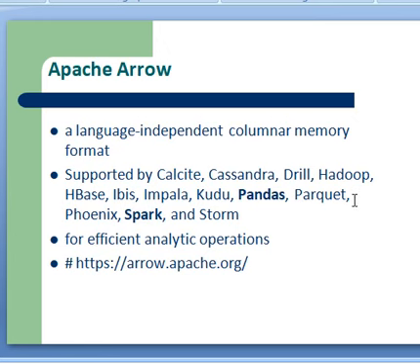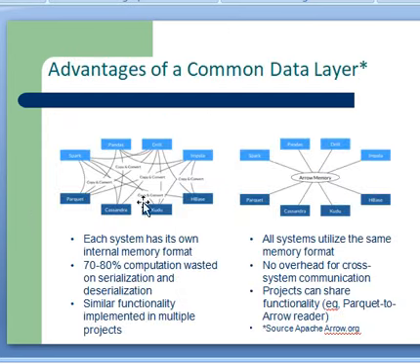Apache Arrow is a language-independent columnar memory format, which is quite generic, independent of the programming language. The purpose is to achieve efficient analytical operations. This diagram shows different formats. For example, we have Pandas, we have Spark, we have HBase.